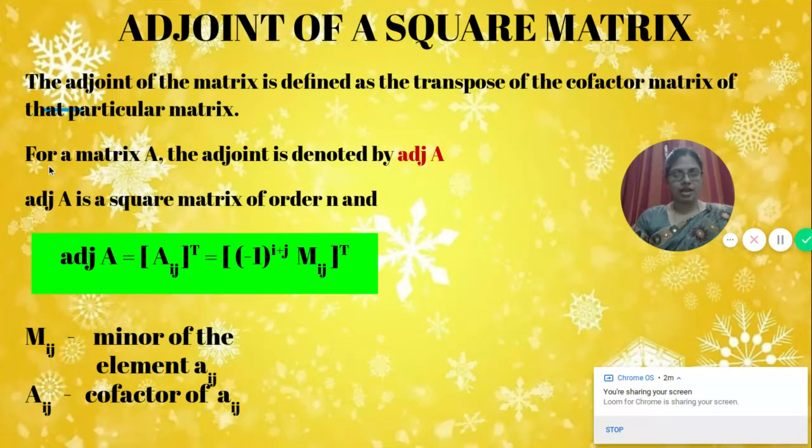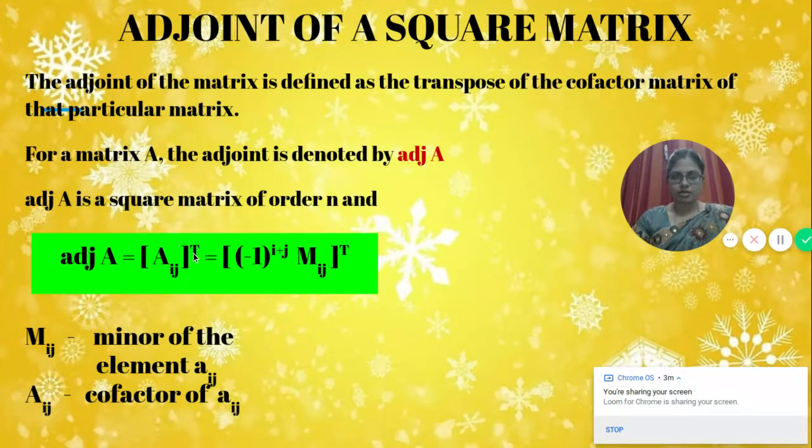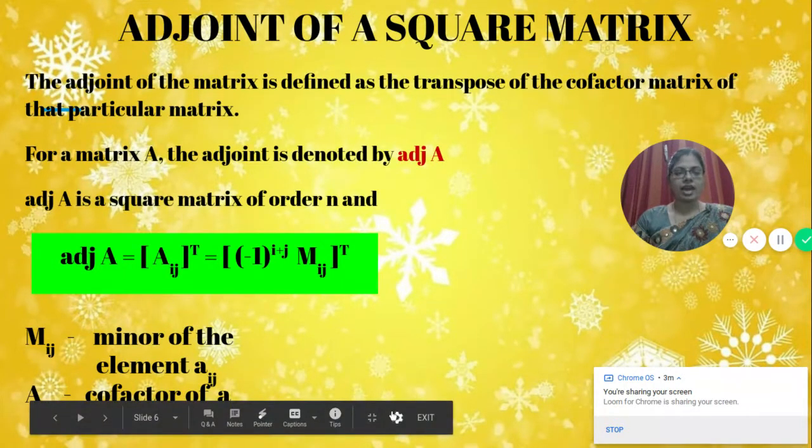For a matrix A, the adjoint is denoted by adj A. Adj A is a square matrix of order n, and this is the formula: adj A is equal to [Aij] the whole transpose, where Aij is the cofactor of aij.